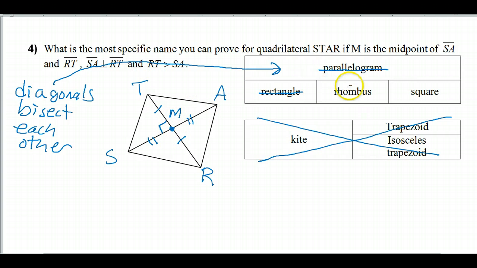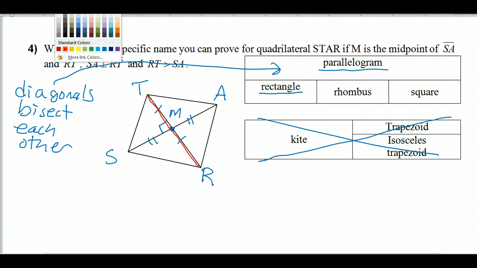So it's just a matter of, can we say for sure if this is a square or not? We are told that RT is bigger than SA. So RT, which is this, I should change colors. RT is bigger than SA. So the red one is bigger than the blue one.